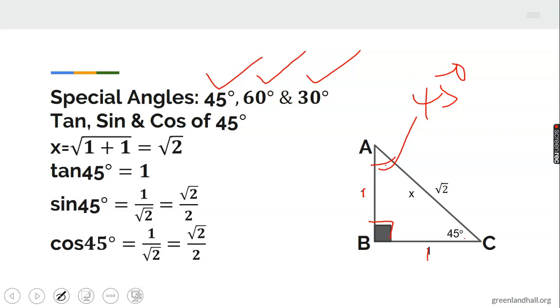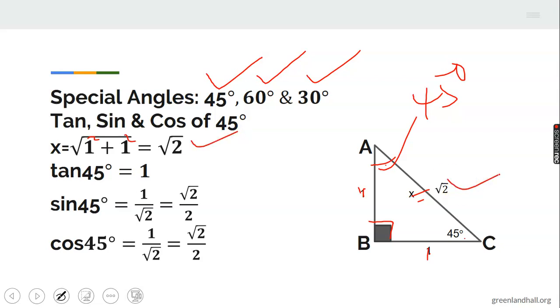We can look for the hypotenuse using Pythagoras Theorem. So, the hypotenuse x will equal the square root of 1 square plus 1 square. And 1 square plus 1 square will give me 2. So x is equal to root 2.